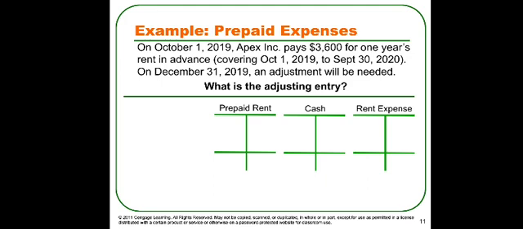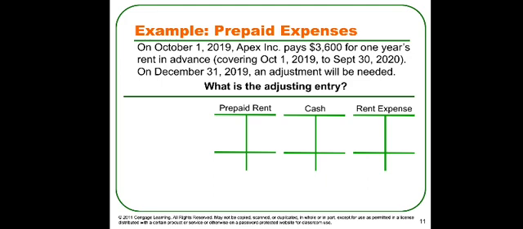You have a business, and then on 1st of October 2019, your business pays 3,600 for 1 year's rent in advance. So your business pays rental for the future.